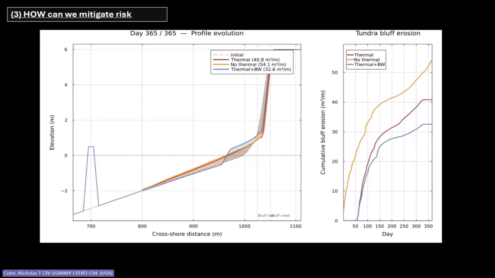Let's say in this case it's by something like 20%. Additionally here, if you include a breakwater in the mix in this framework, then we're also considerably reducing erosion. So we're starting to use this model for both conventional and natural infrastructure to come up with potential solutions in the far north.